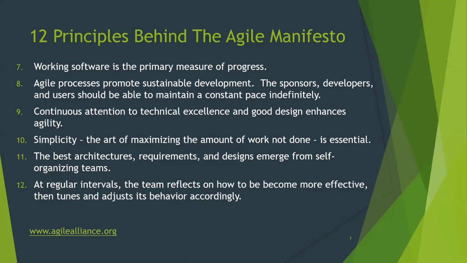And all of this comes from a site called agilealliance.org. So if you want to learn more about the Agile Manifesto and principles of Agile project management and product development, there's all kinds of information you can refer to at this agilealliance.org website.